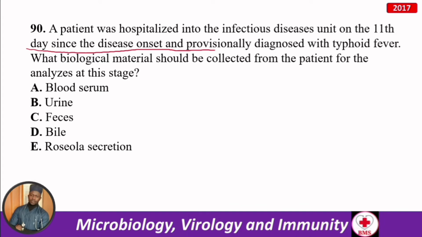Right, so just to check the time period, 11th day. At this point, the antibodies are already present in the serum, right? So we take blood serum. If it said 3 days, because a question which is similar to this one will just say 3 days, then in 3 days, you usually take stools, right? Okay.